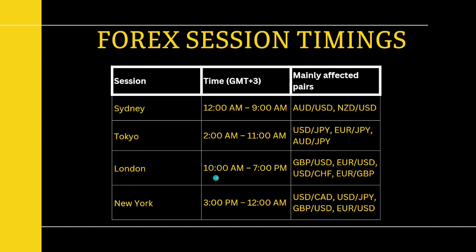The London session is open from 10 a.m. to 7 p.m., and of course the best pairs to trade are the ones that include GBP and as well the Euro. So for example, GBP against the USD, Euro against the USD, and Euro against GBP.